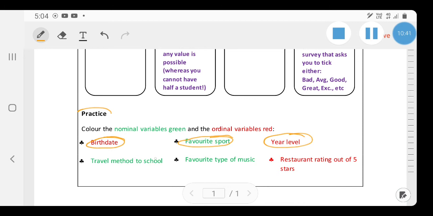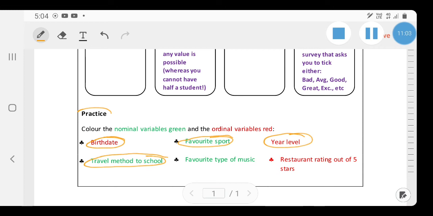Travel method to school. Once again, if I got 5 people to write down how they get to school, that list might look something like this. Car, bike, car, bus. There is no meaningful mathematical way to order those responses. So that's an example of a nominal variable, travel method to school.